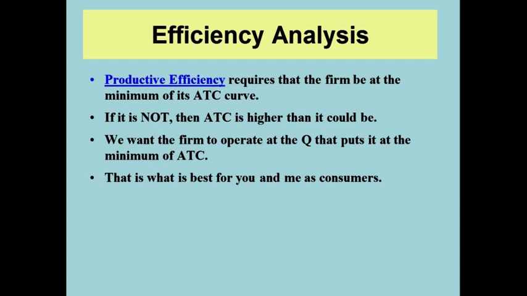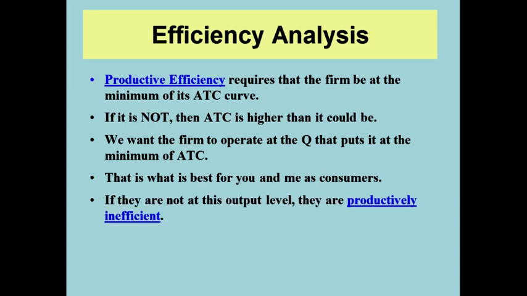And again, that's what's best for you and me as consumers. If a firm is not producing at the output level that puts it at the minimum of average total cost, then we would say they're productively inefficient. So you're either productively efficient because you're at the minimum of average total cost, or you're productively inefficient. You're not at the minimum of average total cost.